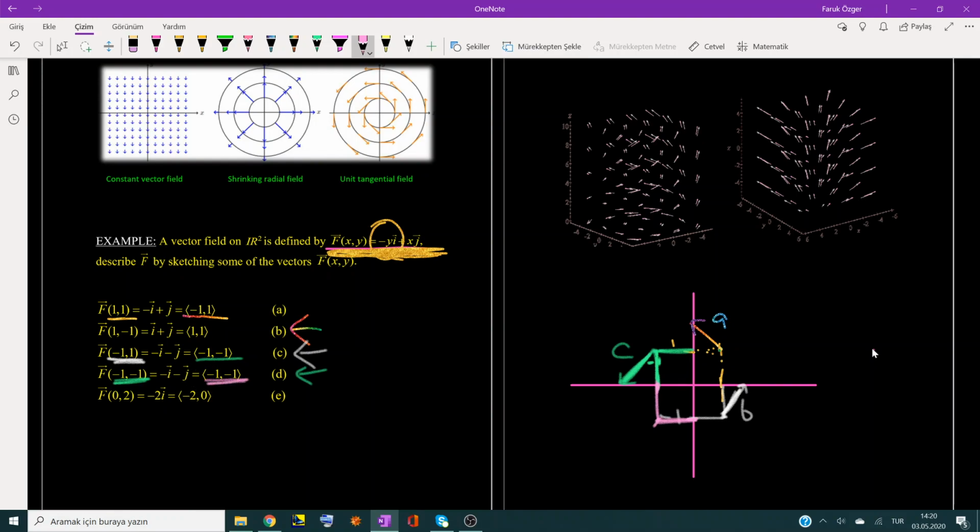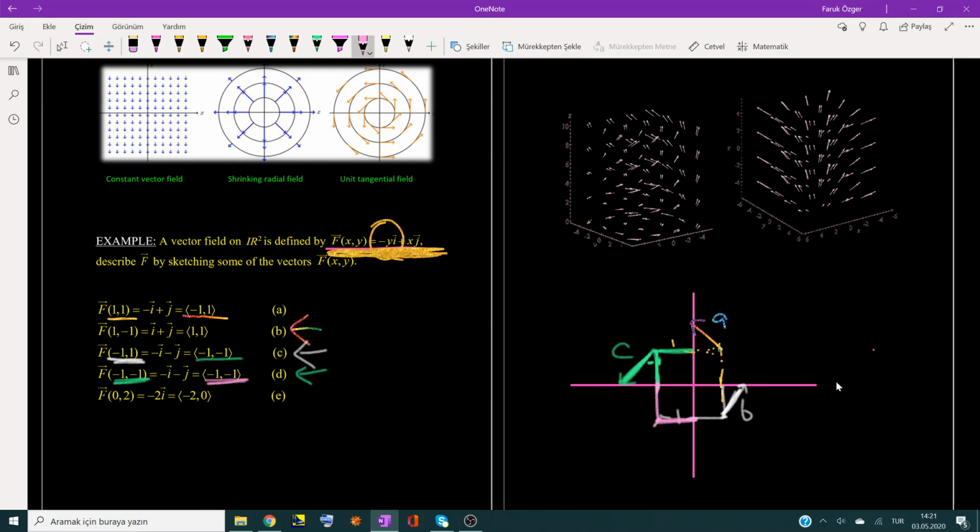What does it mean again? Minus 1 vector means 1 unit left, 1 unit down.